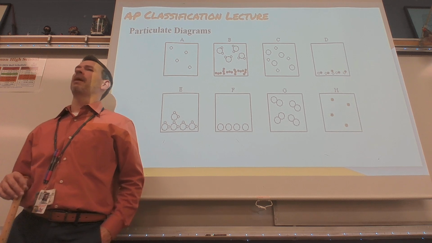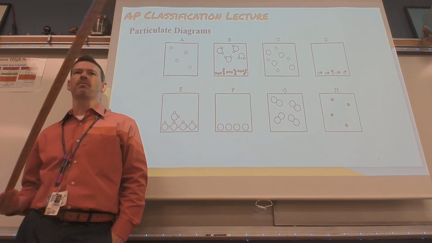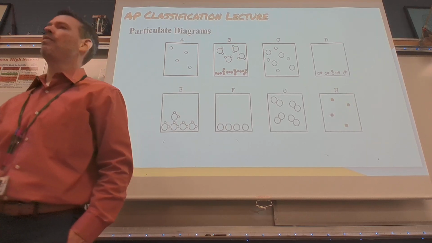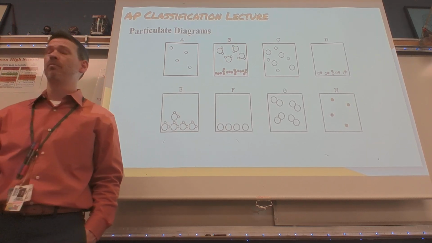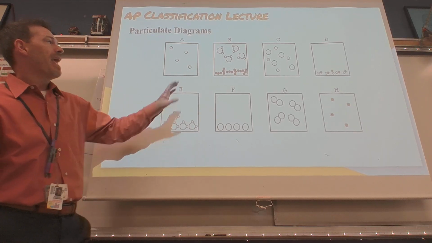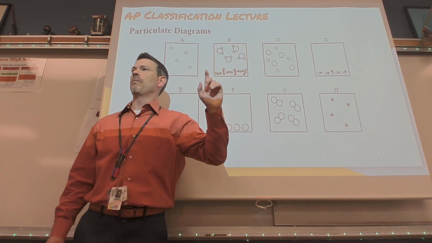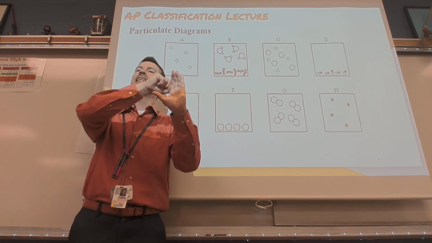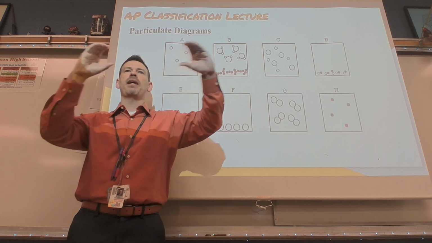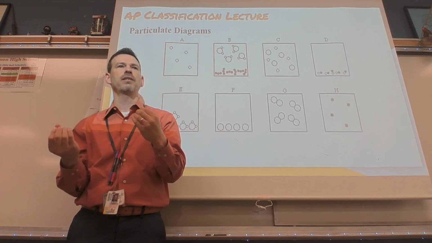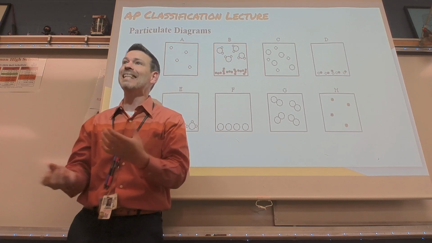Which one's easier to separate, homogeneous or heterogeneous? Heterogeneous is easier to separate if you think about Chex Mix versus salt water or sugar water, whatever, Kool-Aid. If the particulate is drawn in such a way that you could use a singular line to separate and group the different items, then it's heterogeneous because it's easy to separate.